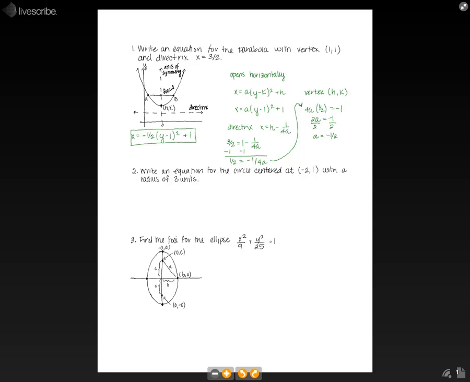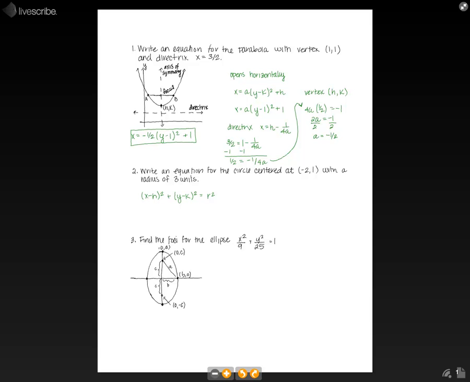The next problem says, write an equation for the circle centered at (negative 2, 1) with a radius of 3 units. We know that the general form of the equation for the circle is (x minus h) squared plus (y minus k) squared equals r squared. Let's start with r.